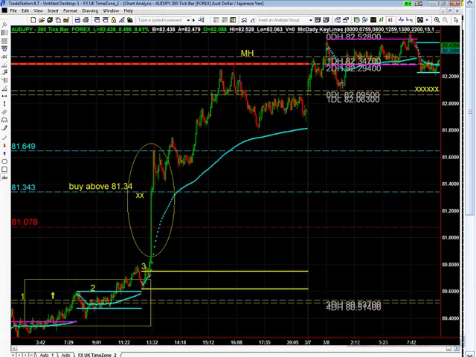It's not support and resistance. Let me try to rephrase that. You cannot trade support and resistance every day.